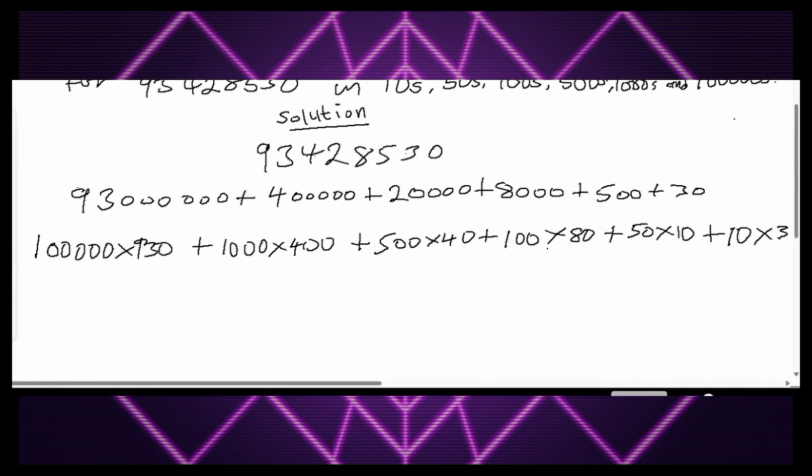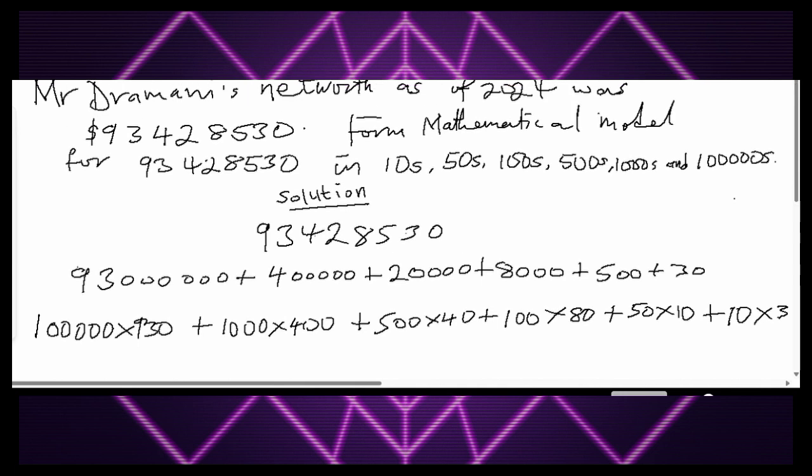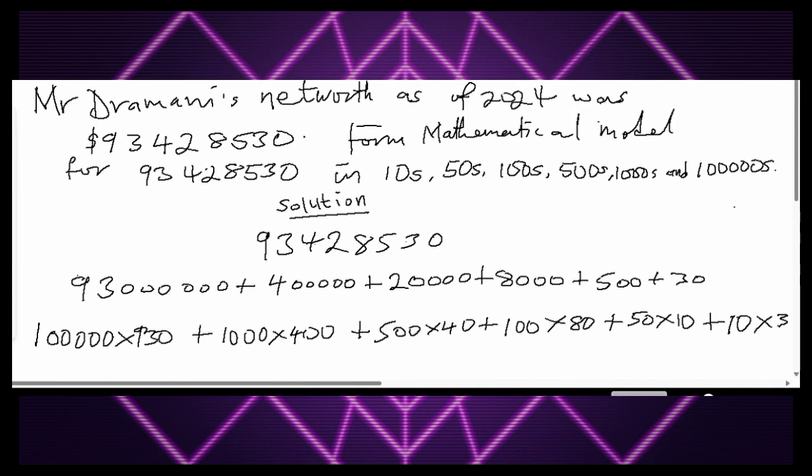You multiply 100 by 80, you get 8,000. And 50 by 10, you get 500. 10 by 3, you get 30. Basically, that is what you are in need of. You're done modeling the figure in the multiples of 10s, 50s, 100s, 500s, thousands, and hundreds of thousands. That's all.